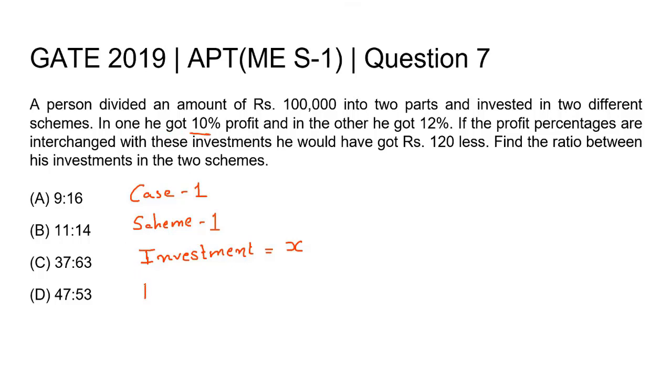So, profit, let us denote this profit by P1, will be 10% of X, which would be equal to 10 by 100 times X, that is equal to 0.1 X.